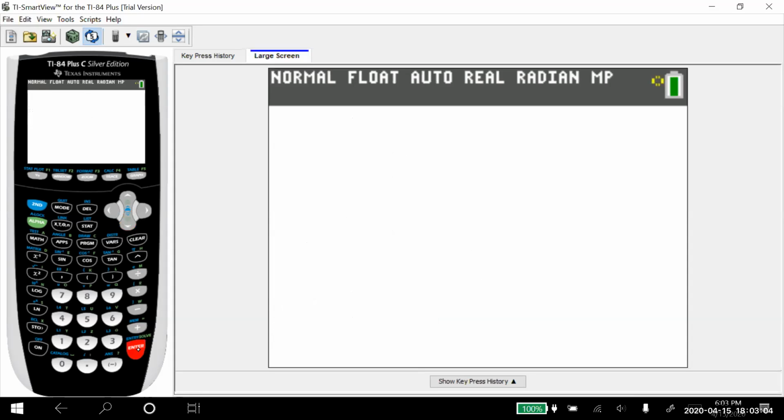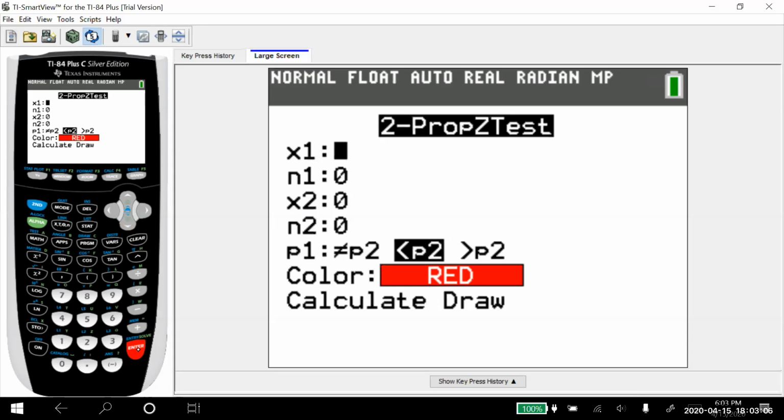Let's see, hit enter. Let me go ahead and put everything in. So X1, and be careful. Sometimes I'll see what people do because they said out of 750 people, 386 were obese. That's in the wrong order. N has to be bigger than X.